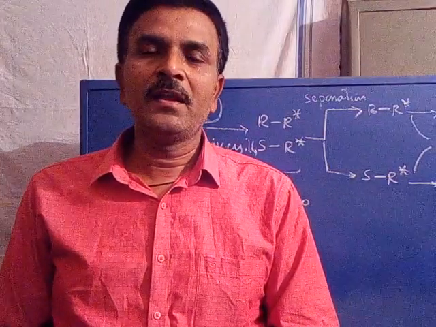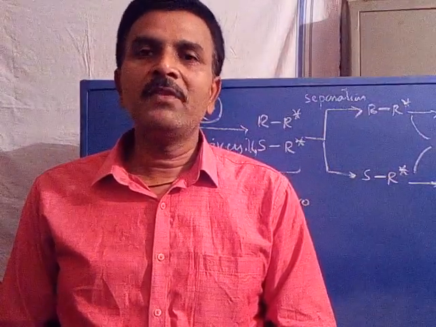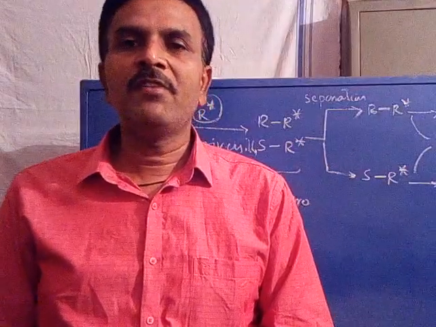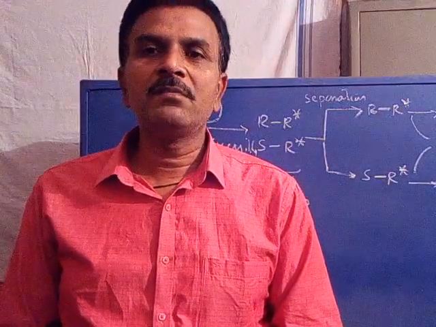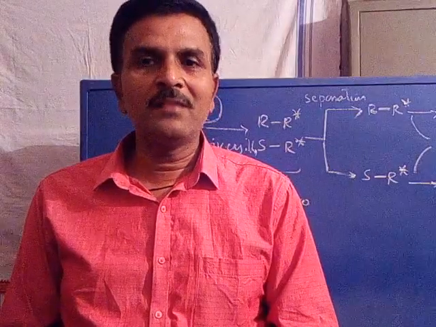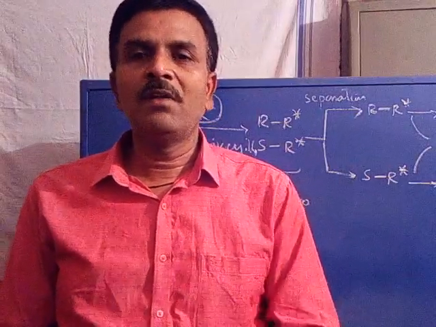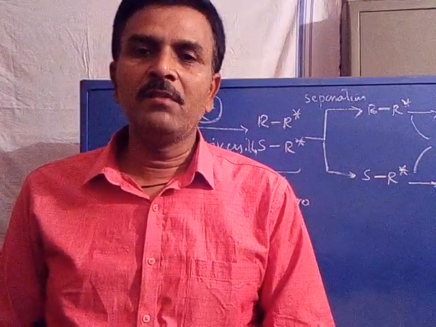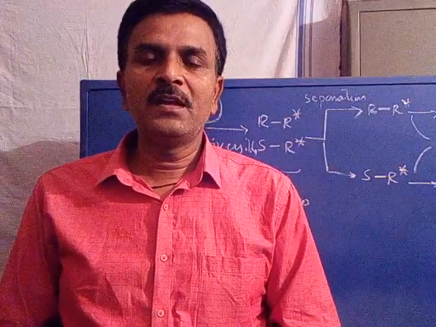Whereas the NMR technique is very simple and very fast, and there may not be loss of any component, any proportion of R isomer or S isomer. So that is an advantage. It is instrument based. It has many advantages.